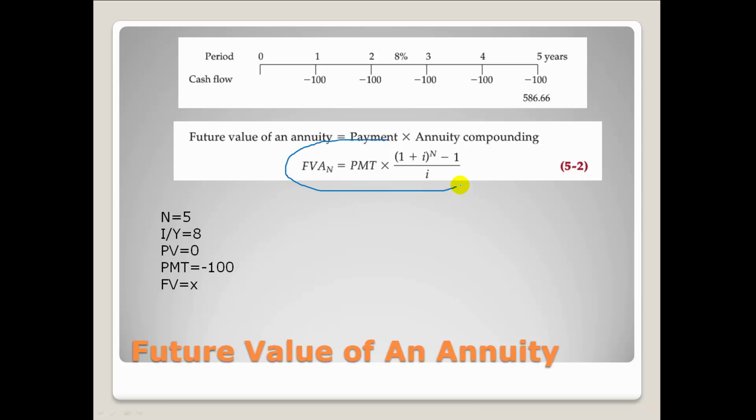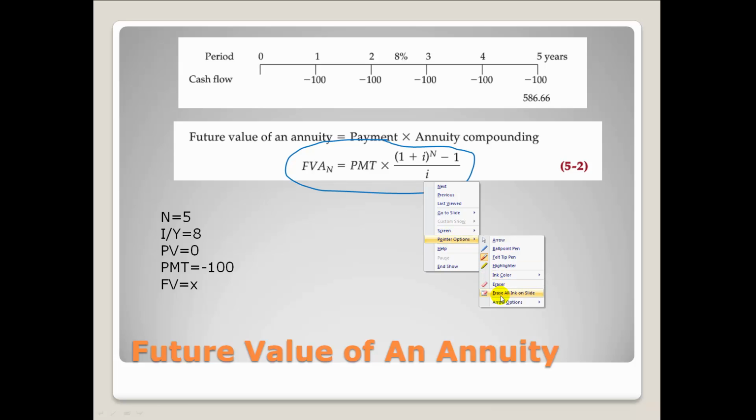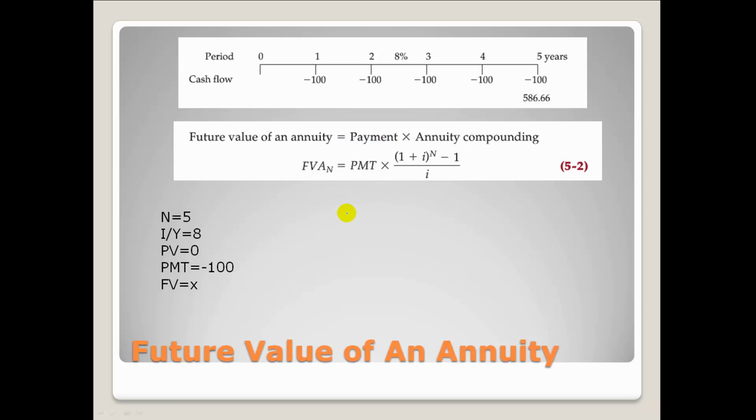We're going to take the payment that we receive, which is that $100, and multiply it by this entire formula. The one thing that I don't like about the way this formula is represented is that it's not very clear for people with math deficiencies who may be struggling to see what we're doing here.